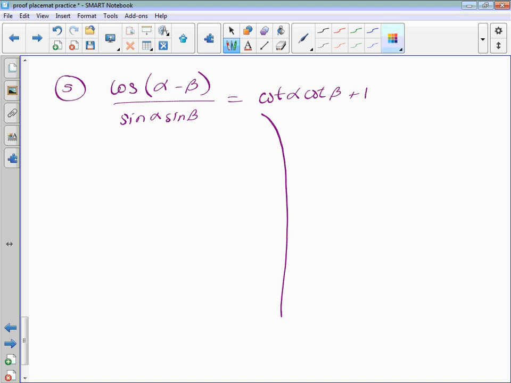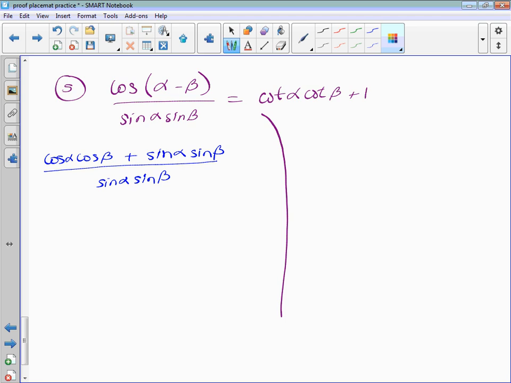So cosine alpha minus beta, what is that? Cosine alpha cosine beta plus sine alpha times sine beta, all over sine alpha sine beta. You're okay with that? And then we split it.